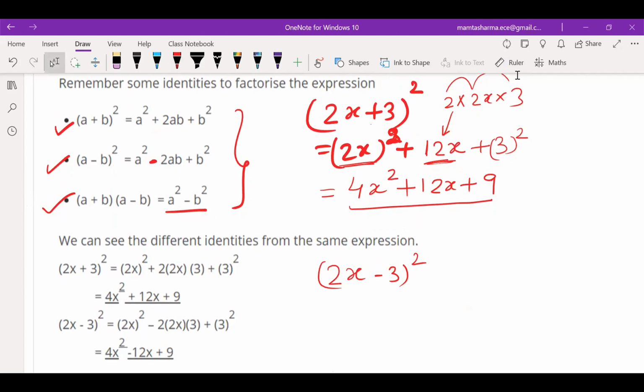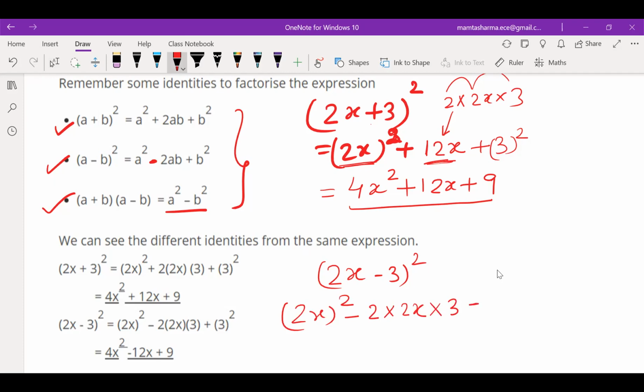A square, ma'am. So 2x whole square minus 2ab, 2 into a into b. What is a here? 2x, and b is 3. Ma'am, I have sent 12x, my answer. Yes, correct, minus 12x.